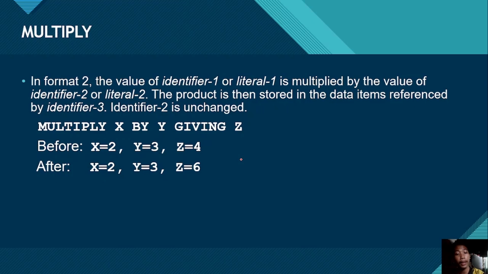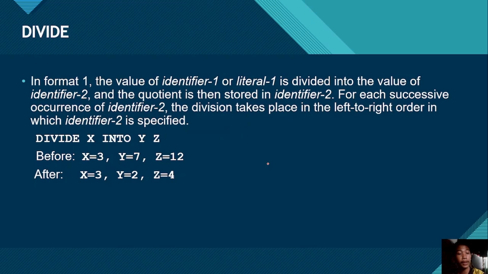But if we have the usage of GIVING, storing it to a new variable, 2 times 3 would give us 6 and override the value of z, which is equals to 4. Just like DIVIDE, so y divided by x and z divided by y.